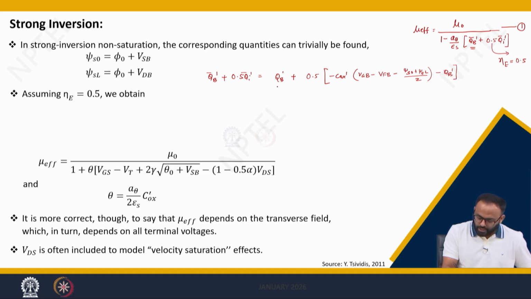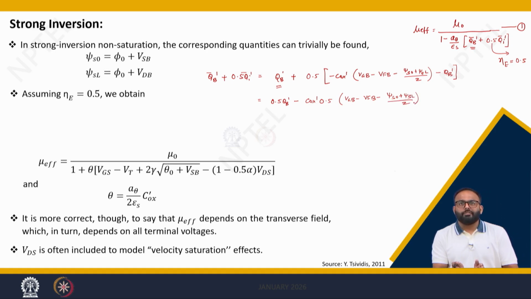So, you see here it is QB dash and you will get minus 0.5 QB dash here. So, ultimately you will end up with 0.5 QB dash minus COX dash into 0.5 into VGB minus V flat band voltage minus psi s 0 plus psi s L divided by 2.